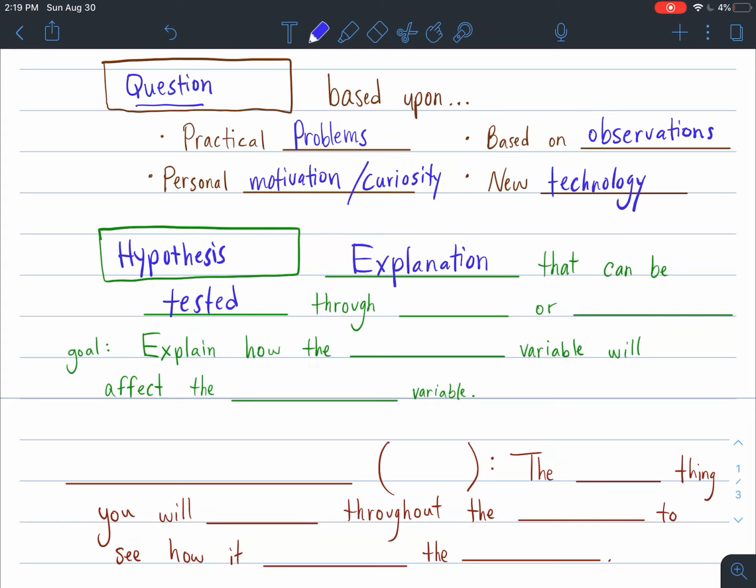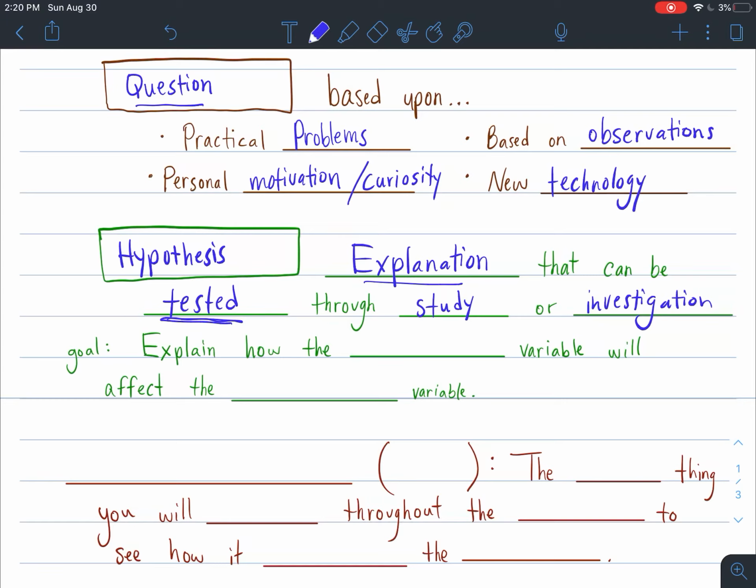If you say that ducks are happier when they eat ice cream, well, if you can't test that, then it wouldn't be a hypothesis. Well, you could try, but how do we actually measure happiness in ducks? So maybe that's not a valid hypothesis. Instead, maybe we need to ask what type of food ducks prefer. So you can see how it needs to be tested. Our explanation must be able to be tested, and we test that through study or investigation.